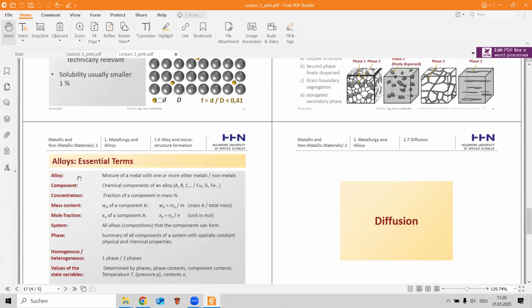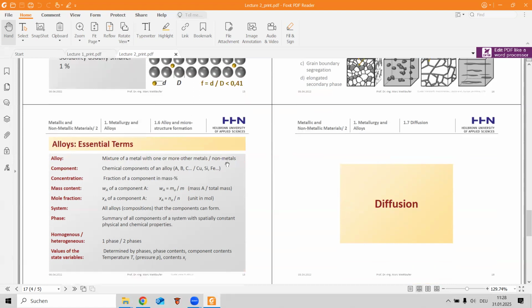So, alloys. An alloy is a mixture of a metal with one or more other metals or non-metals. Chemical components of the metal, A, B, C. Concentration is the fraction of a component in mass percent.